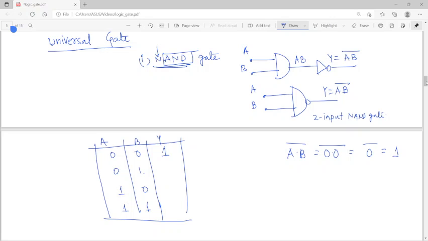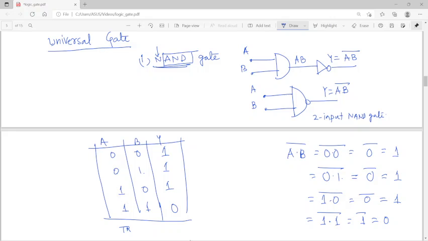Then 0 1, that means A is 0, B is 1, 0 and 1 gives 0, 0 bar, that also gives you 1. 1 0, this is 1, this is 0, that gives 0 bar, that means 1, so that also gives you 1. And the last one, this is 1, this is 1, 1 bar, that means 0. So this is just the opposite of the AND gate. That is nothing but the truth table.